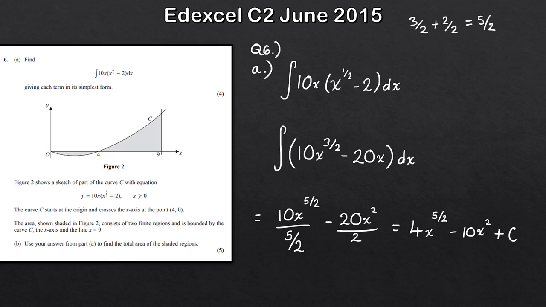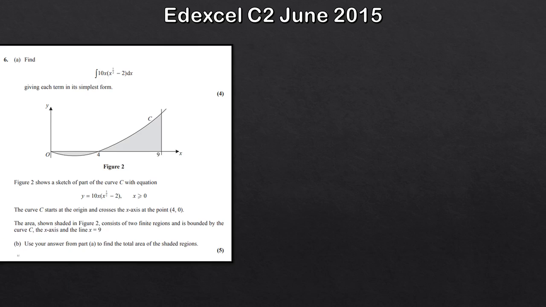And let's have a look at part B here. Now in part B, we're given a sketch of part of the curve C with equation, which is what we've already integrated. That's what we did in part A. And what we're asked to do then is find the shaded area. These shaded regions.